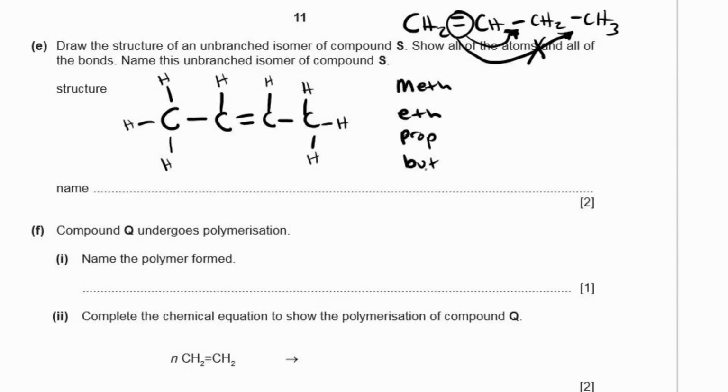So if there are 4 carbons, it's bananas, it's but. Next we find out which carbon the double bond is on. Here it was on carbon 1, or over here it'd still be on carbon 1. But this one's on 2, so it's but-2-ene. Okay, good.